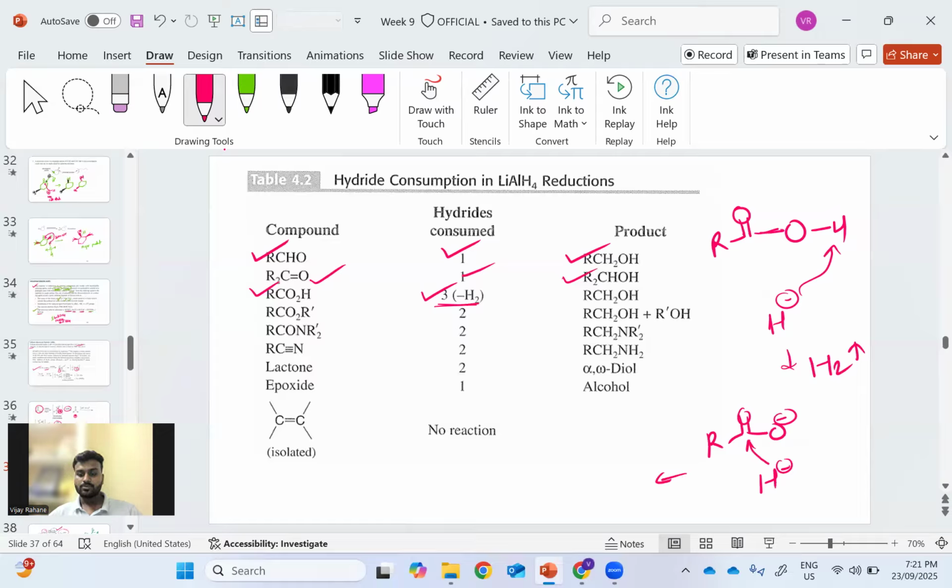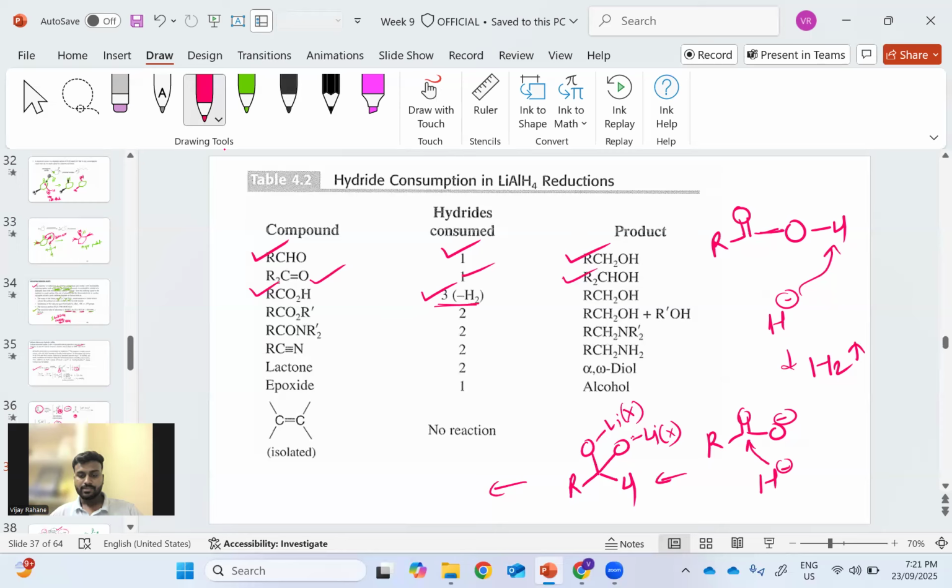for converting this to this sort of intermediate, and then the third equivalent.